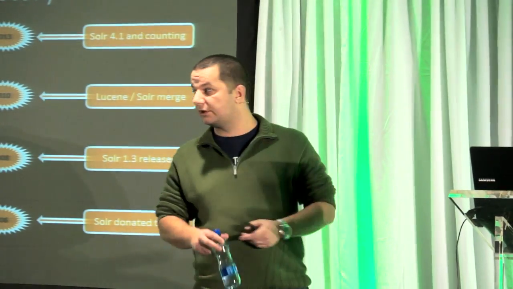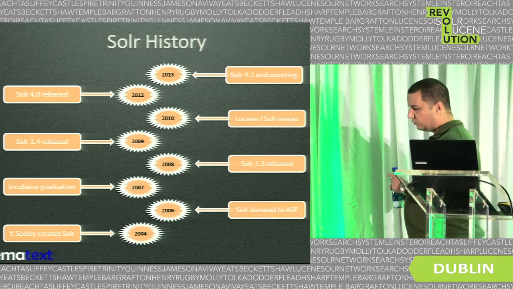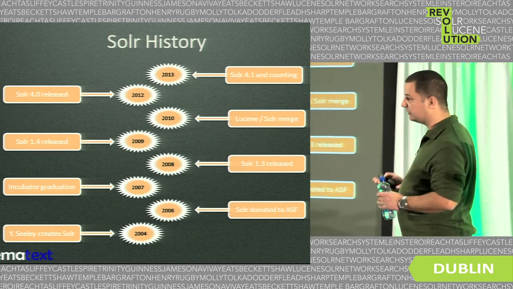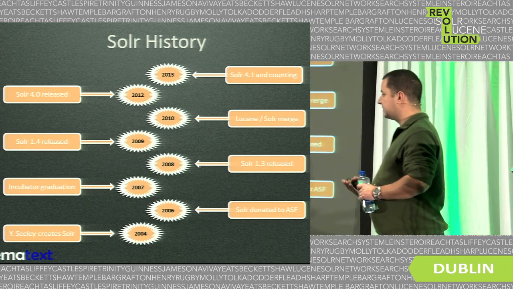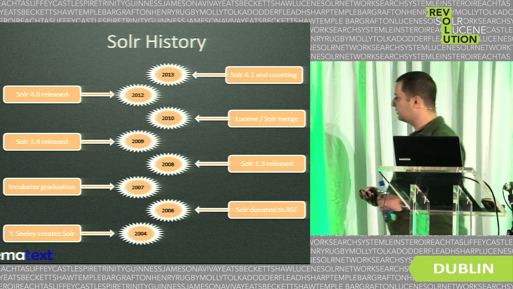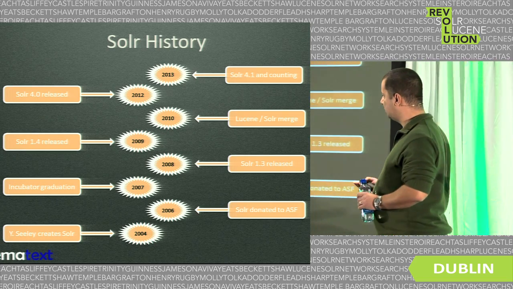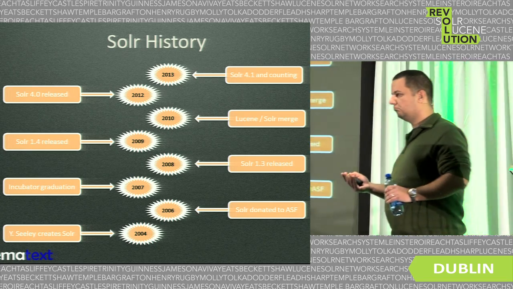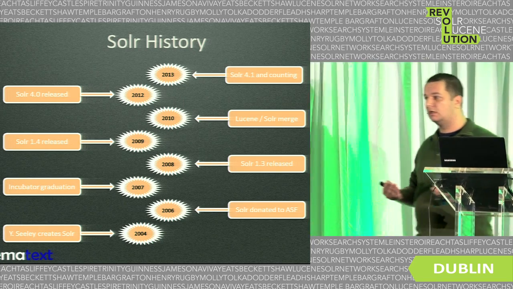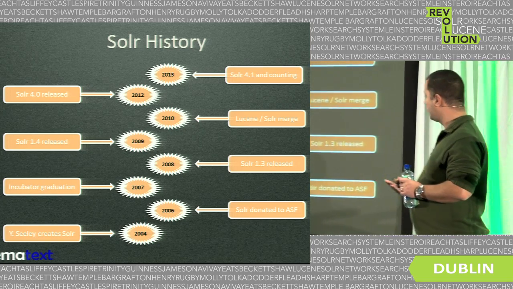Let's start from history. I don't know if you're familiar with it, but in 2004, Yonik creates Solr, a proprietary software based on Lucene that's 2 years later donated to Apache Software Foundation and starts its graduation process. After almost a year, there is a graduation from the incubator, and Solr goes under the umbrella of the Lucene project.